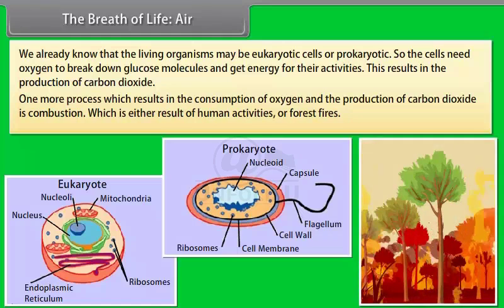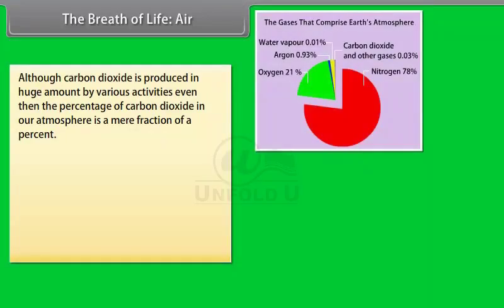One more process which results in the consumption of oxygen and the production of carbon dioxide is combustion. Combustion is either a result of human activities or forest fires. Although carbon dioxide is produced in huge amount by various activities, even then, the percentage of carbon dioxide in our atmosphere is a mere fraction of a percent.